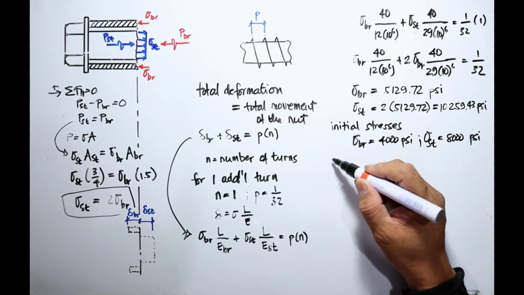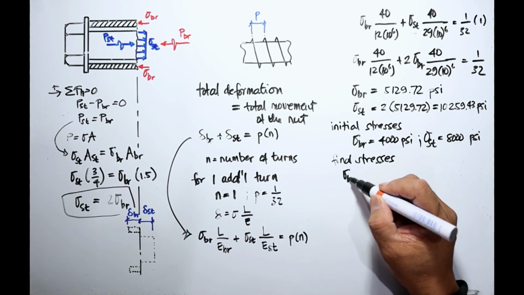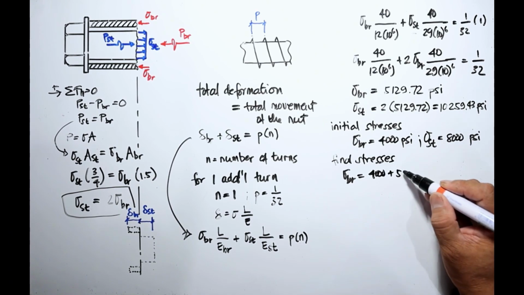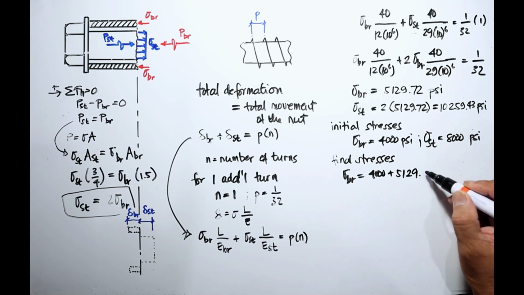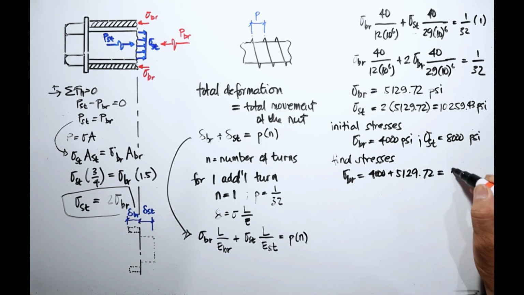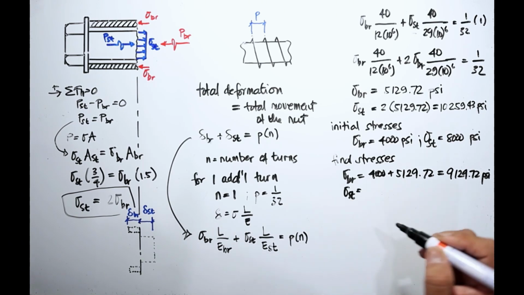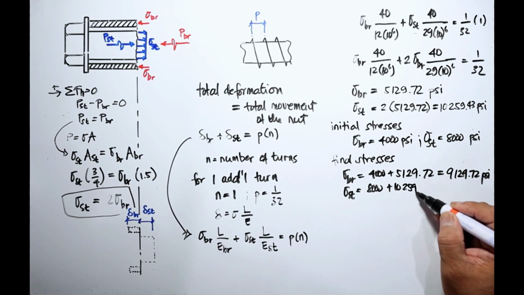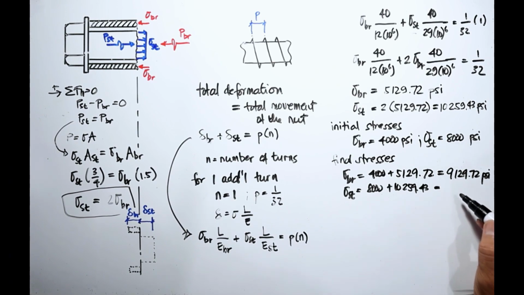So the final stresses for the bronze, that's 4,000 plus 5,129.72 equals 9,129.72 psi. And for the steel, that's 8,000 plus 10,259.43, and that's 18,259.43 psi. So this answers the first question.